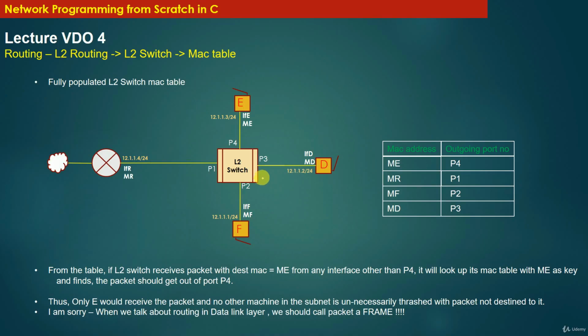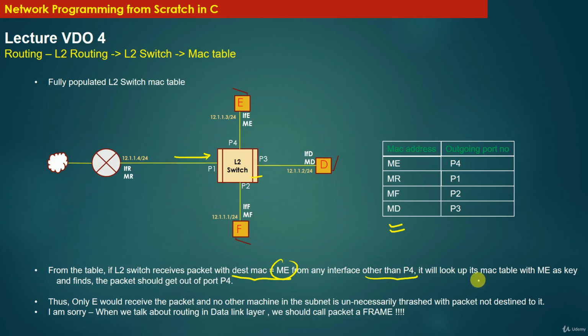Now going forward, you can see that here we have shown a fully populated MAC address table for this L2 switch. That is, MAC learning has already been done by this L2 switch, and using MAC learning, this L2 switch has populated its MAC address table. Now from the table, if the L2 switch receives a frame with destination MAC address equal to ME from any interface other than P4, what will this L2 switch do?